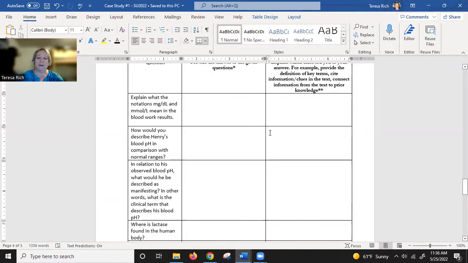So I put down, I decided to reread Henry's blood work to see how his blood pH compared to other children his age.